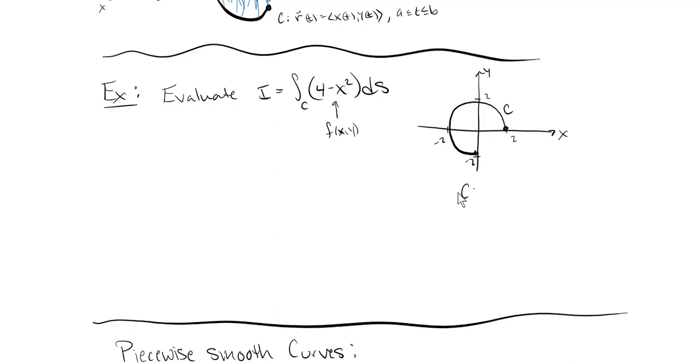The big key is that we need a vector function r of t that gives us this curve C that goes from (2, 0) around this circle of radius 2 back to (0, -2). And so you might remember that if I use polar coordinates, it's pretty easy to express a circle.